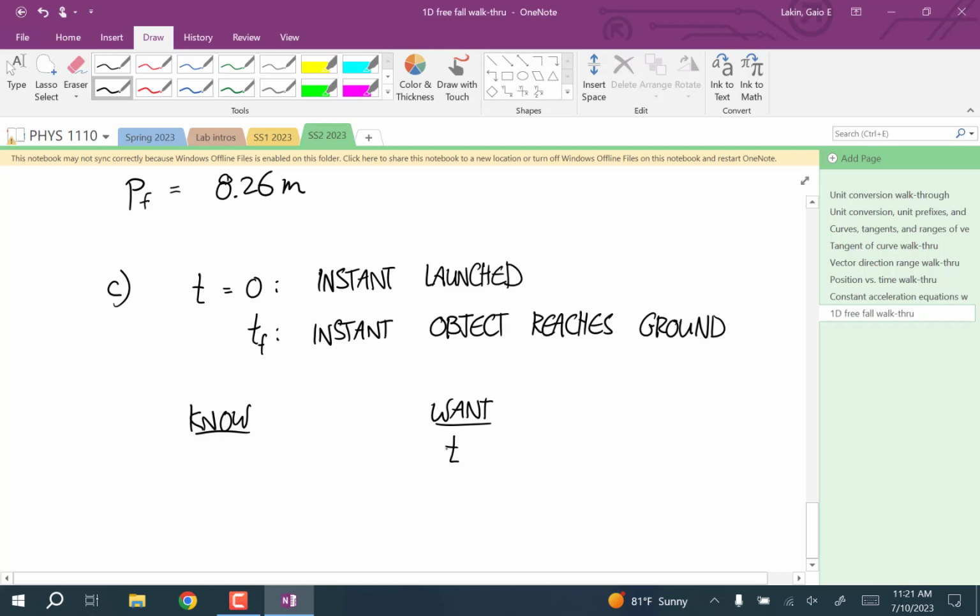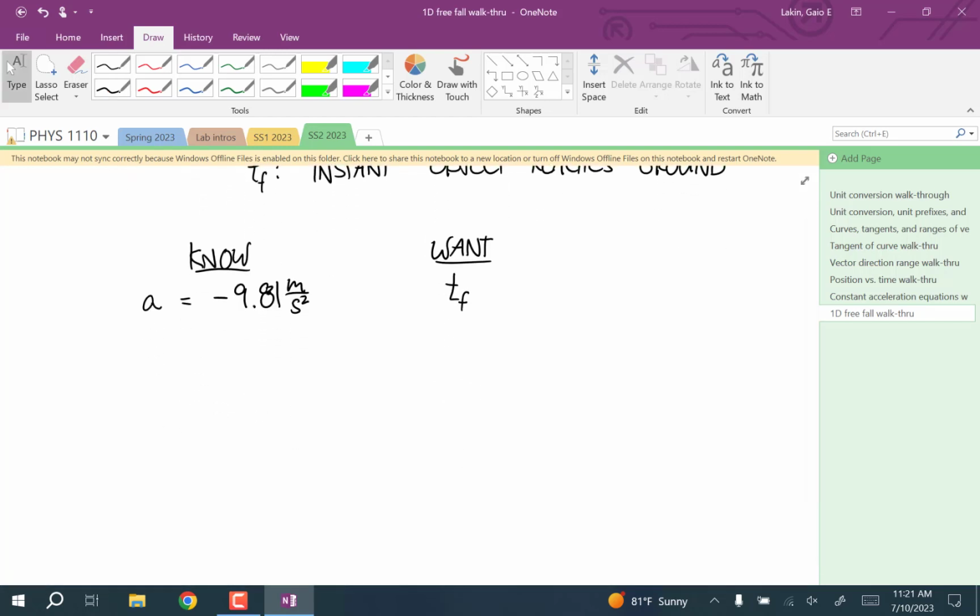Well, we're looking for time final. The acceleration, since it's in free fall, is still down at 9.81 meters per second squared. And down is negative for our choice of up being positive. Position initial is 5 meters.